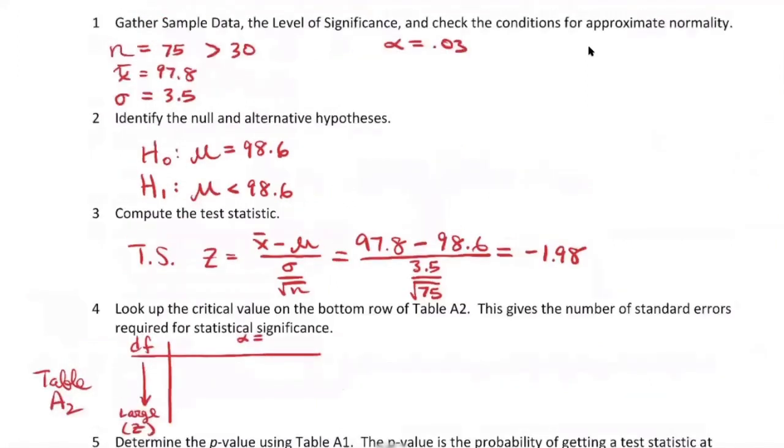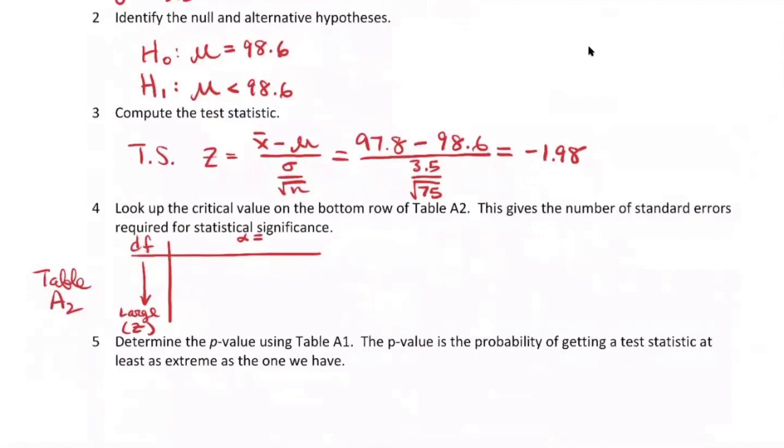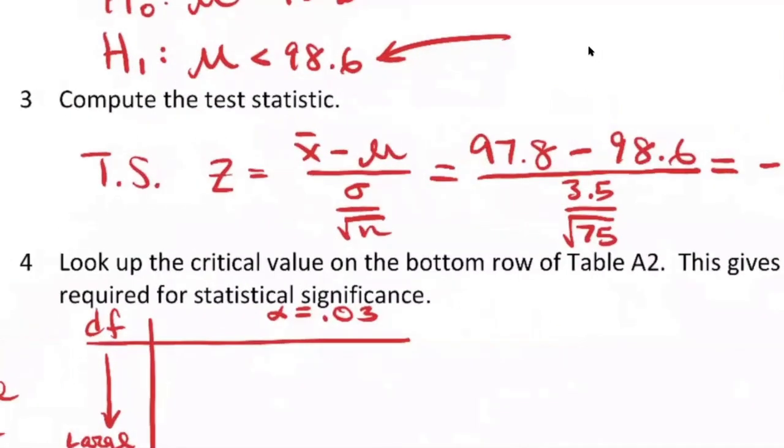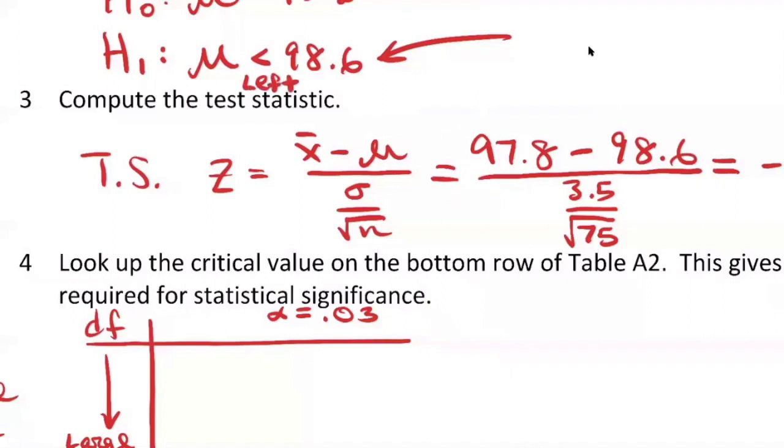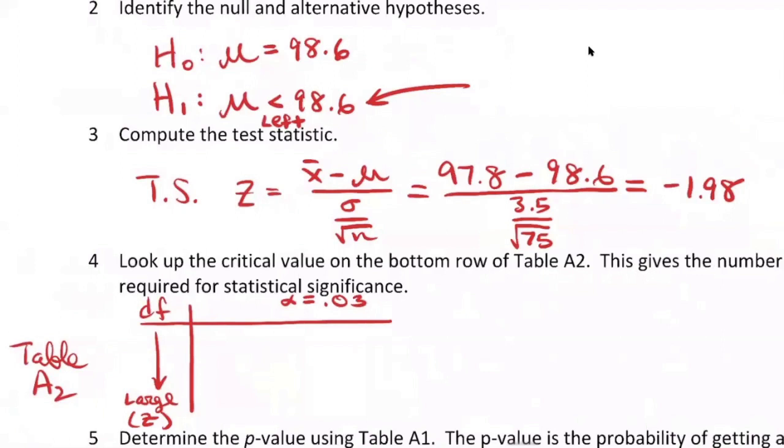Yeah, 0.03, and this is again a one-tail test. I should have denoted this. On H1, mu is pointing left. So that makes it a left tail test.